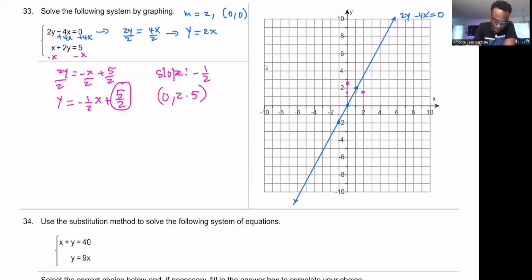If we do it again, down 1 and over 2. So it looks like my solution is one of the points that I've known of already, which is this. Your solution is x equals 1 and y equals 2.